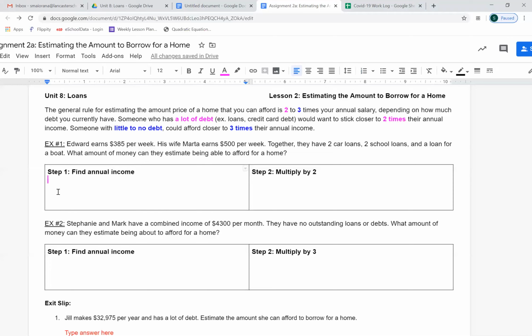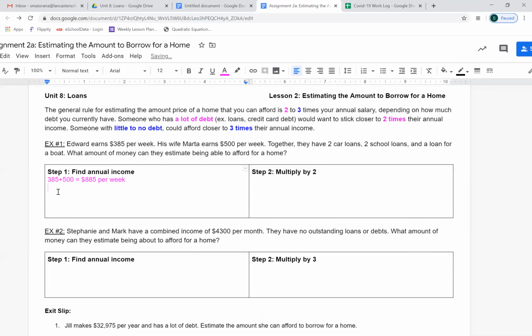Okay, so Edward earns $385 a week, and Marta earns $500 per week, which gives us a total of $885 per week combined. Now it does ask for annual income, which is per year, so I want to take their weekly income and multiply it by 52, since there's 52 weeks in a year, to figure out what their total combined annual income is.